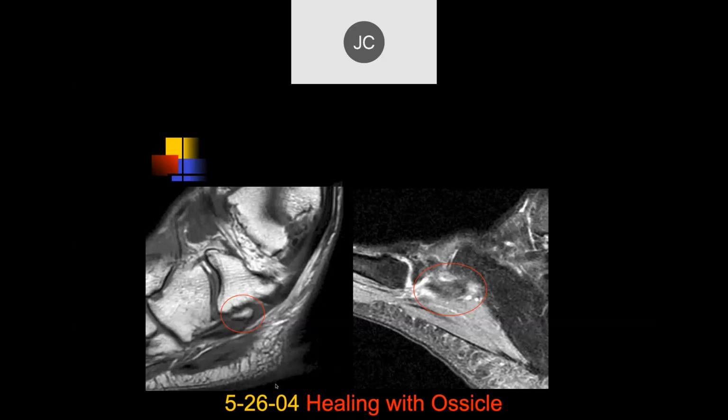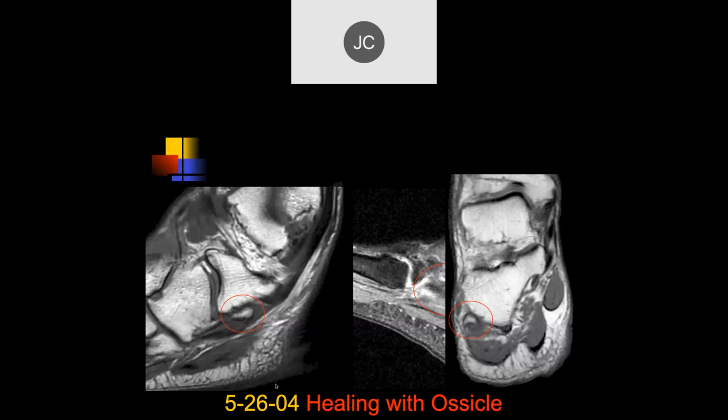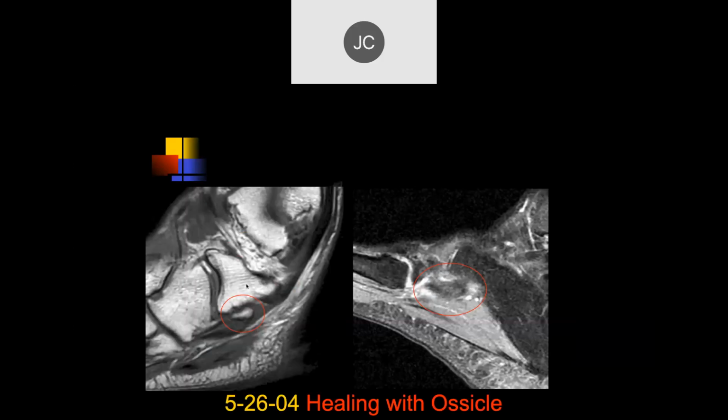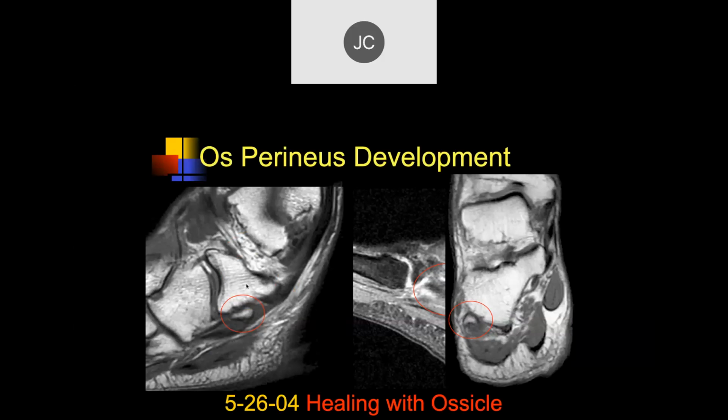So I think this ossicle is an os perineum that's retracted, maybe? It's an os perineum. And you can see that there was no os there before, just an injury. Then the os developed after the injury.